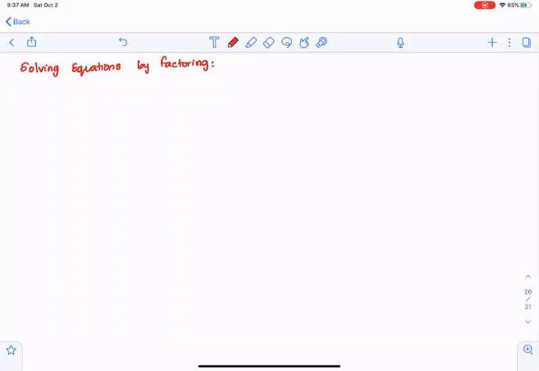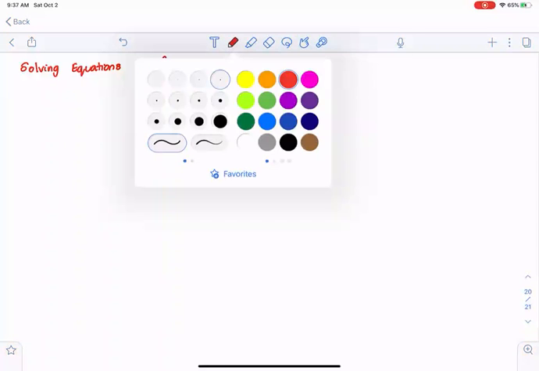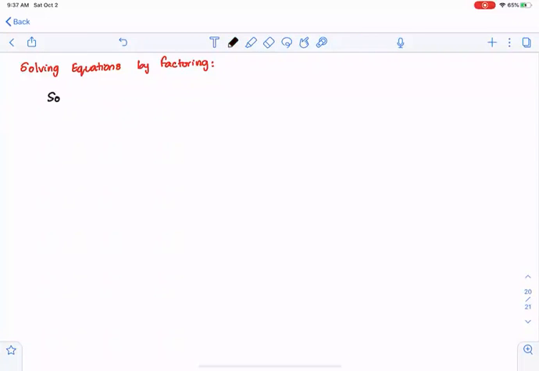So, going to start with something simple. I have a polynomial that is already factored on the left-hand side, and notice the right-hand side is 0.